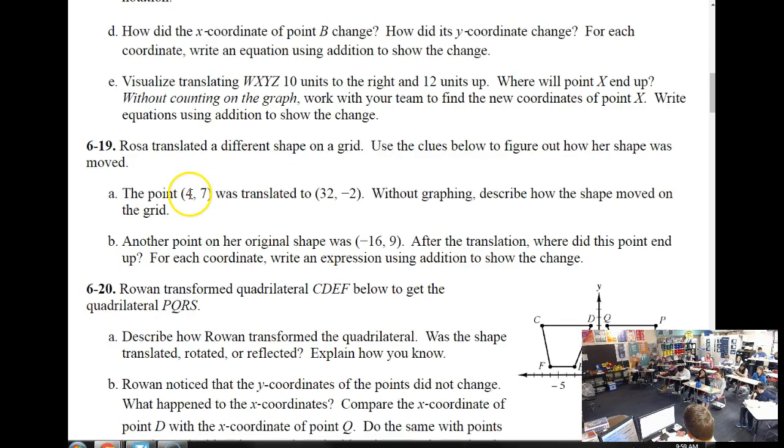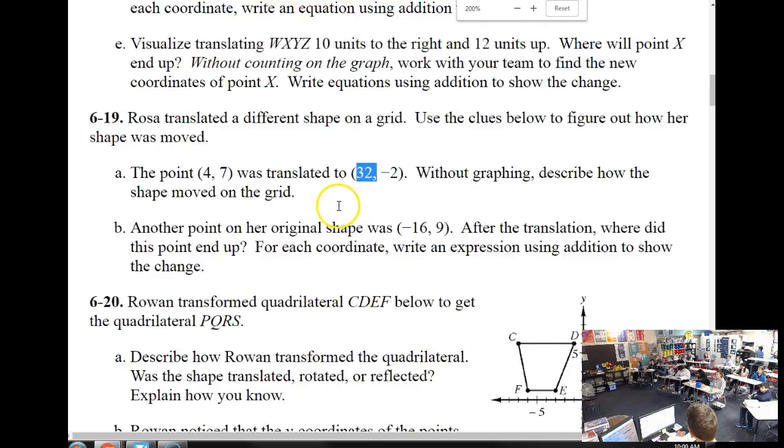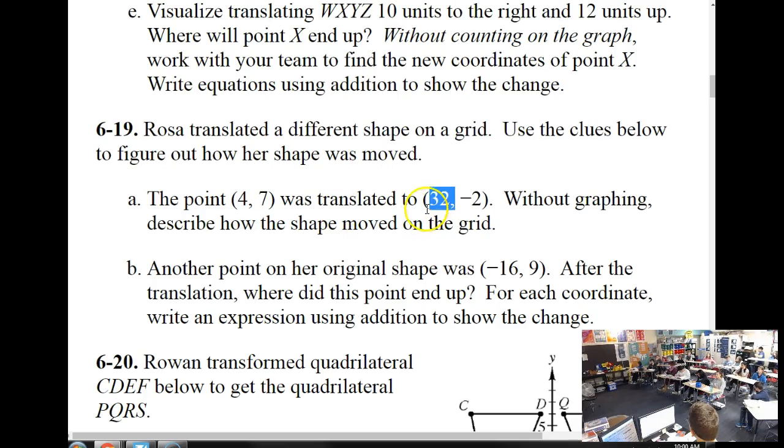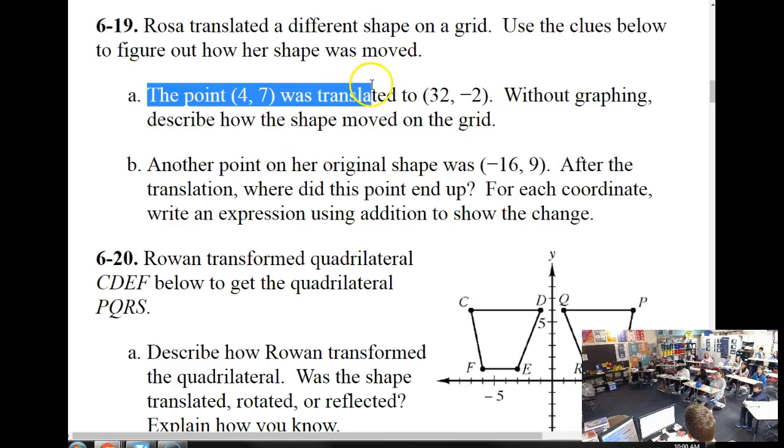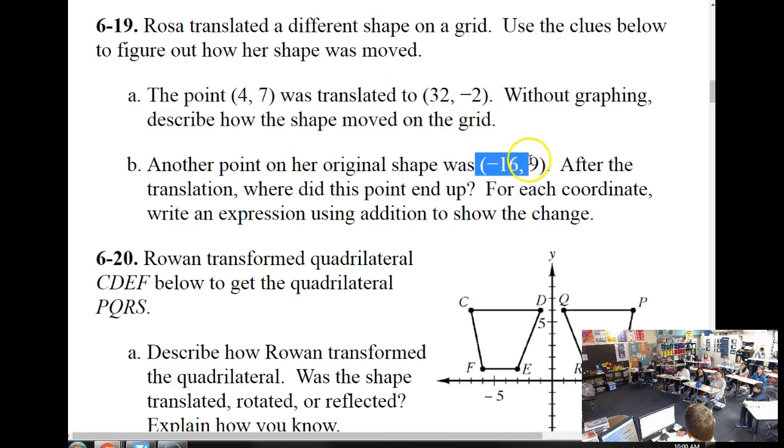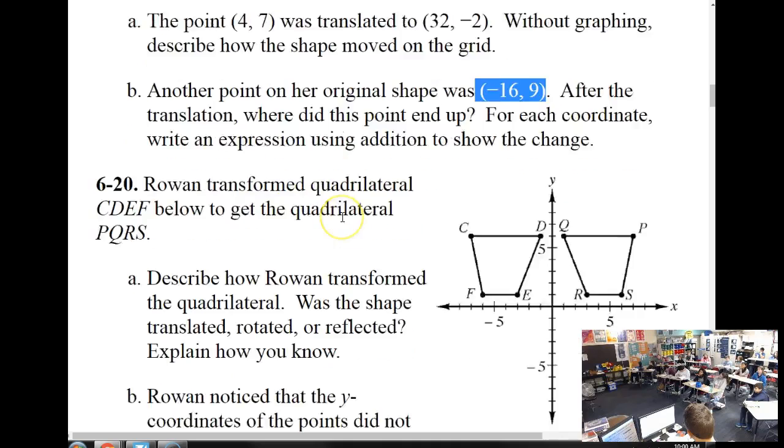Talking about this point was translated to that point, how did that happen, but don't graph it. You don't want to graph this. Your x-axis would have to go out to 32. That would be ridiculous. So you don't want to graph that. So pay attention to that. But then once you figure out what happened here, you apply that to another point.